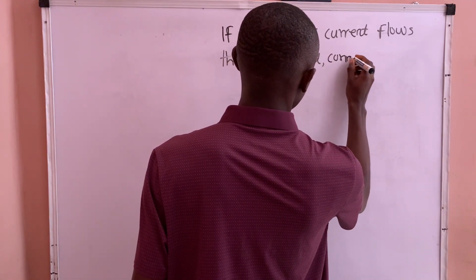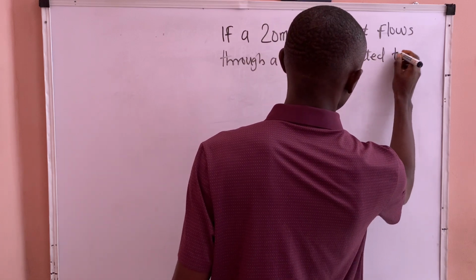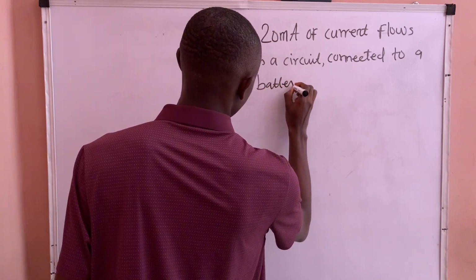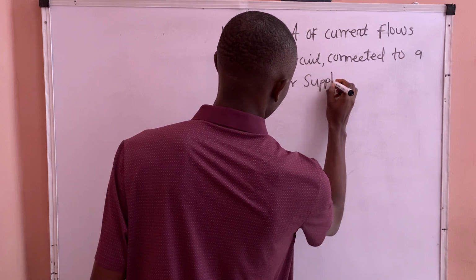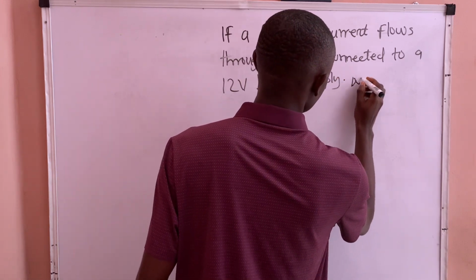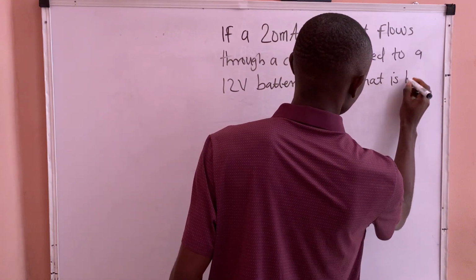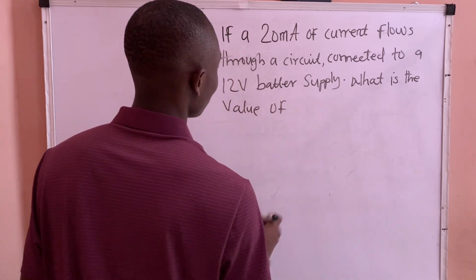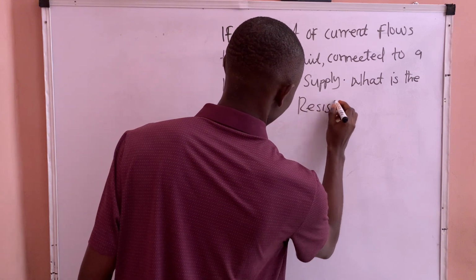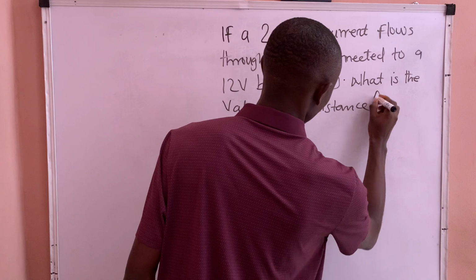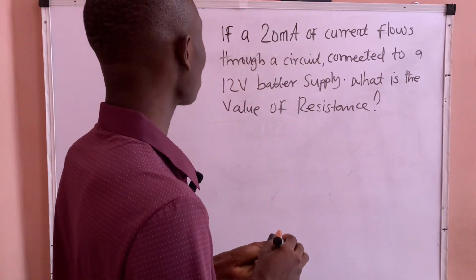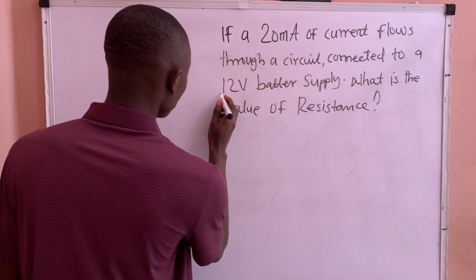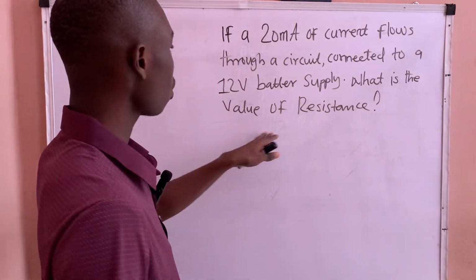If a 20 milliamps of current flows through a circuit connected to a 12 volt battery supply, what is the value of resistance?